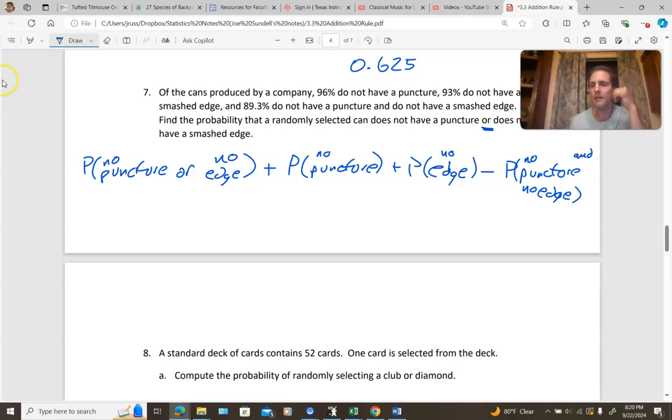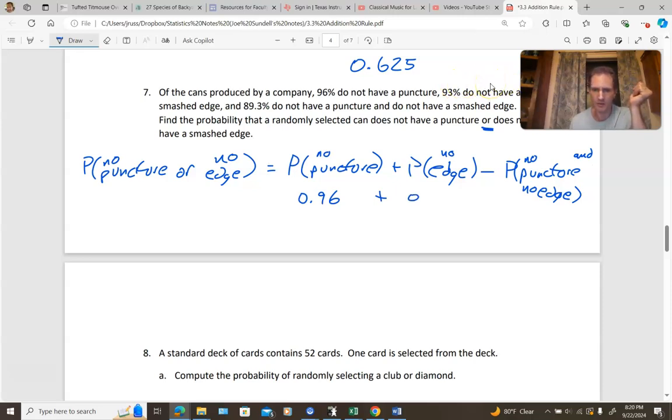The probability that the can does not have a puncture: it says that 96% don't have a puncture. So I'll put an equal sign there. You could do percentages, guys, but it's better that you use decimals. Plus the probability that the can does not have a smashed edge, it says here that 93% do not have a smashed edge.